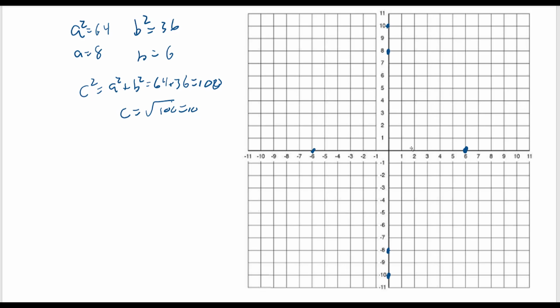And so, yes, we can graph y equals plus or minus 8 over 6 x, which is y equals plus or minus 4 over 3 x. You could also build the box. So the box would be this.